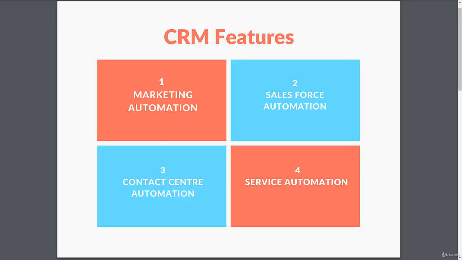So what are the main features of the CRM? Let's talk about marketing automation. There are a lot of ways a lead might come into the company. Suppose someone has sent in an email. We will program our marketing efforts in such a way that when an inquiry email comes in, we automatically send a responder message.